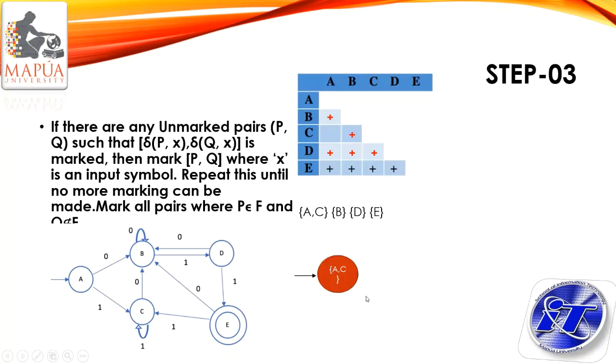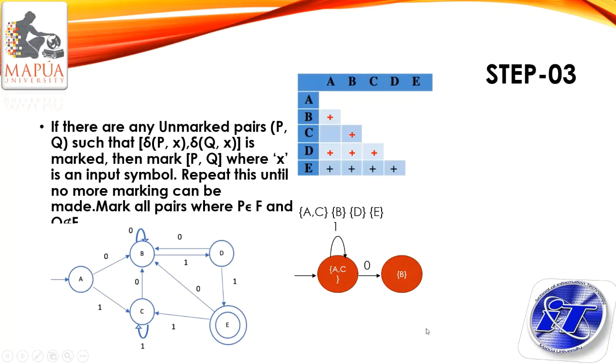So AC will be our initial state. Okay, it will accept our string, and then it will go to B if it's 0. But if it's 1, it will just loop within itself based on this part of the diagram.